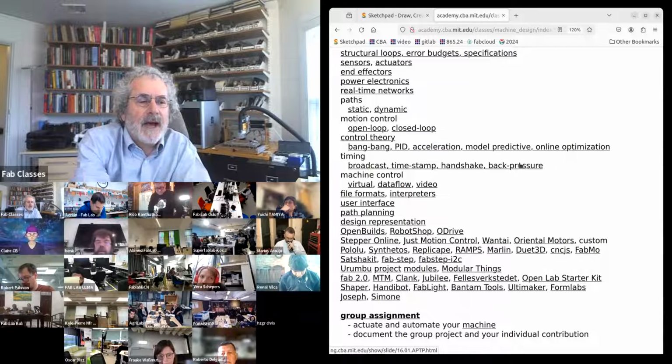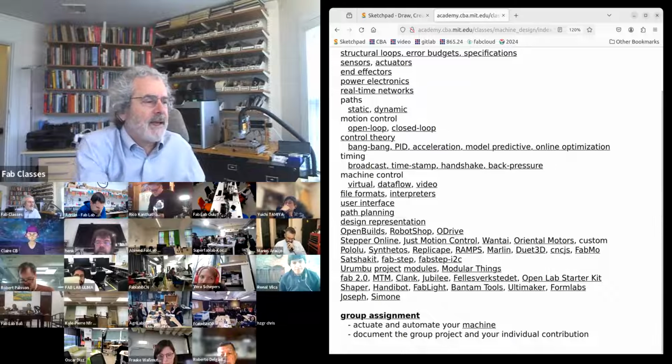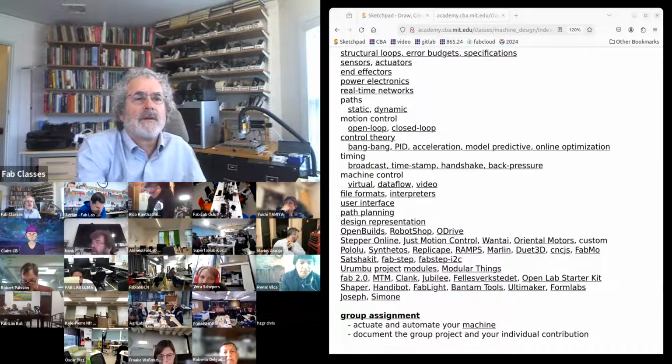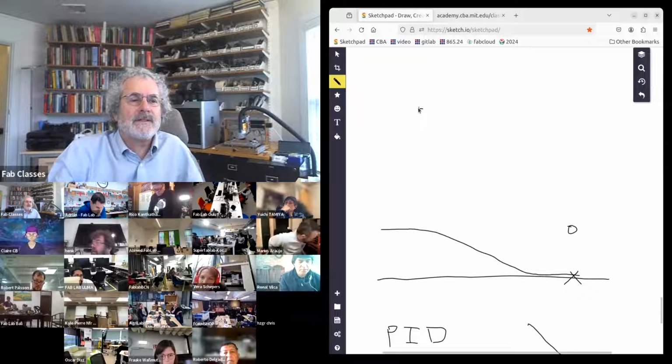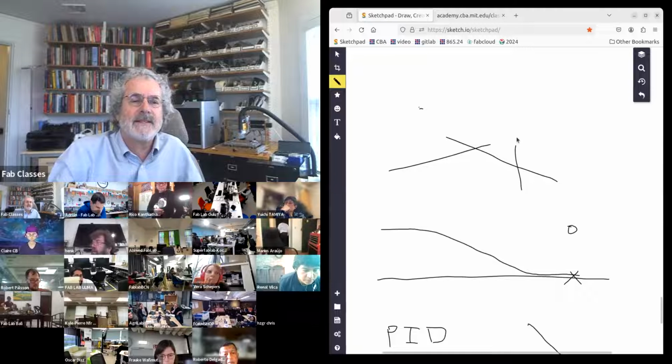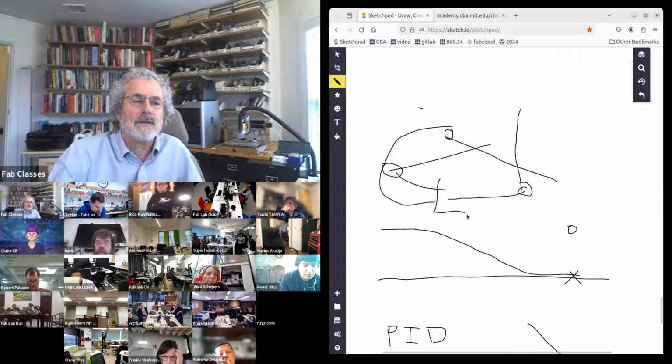Then comes timing. So let's say we have a machine that has an x-axis, a y-axis, and a z-axis, each of which has a motor. And then all of these are connected to our controller.